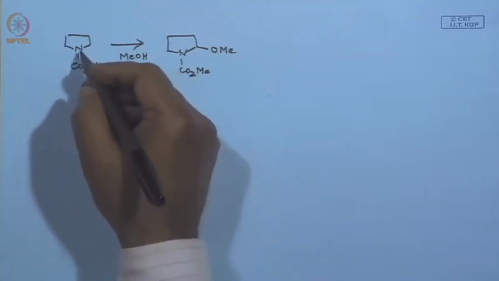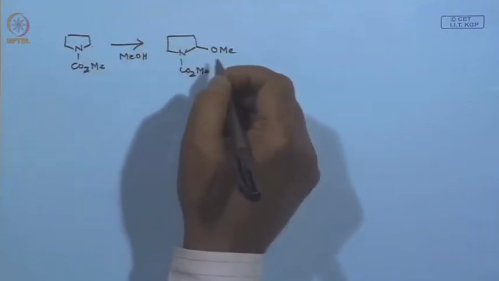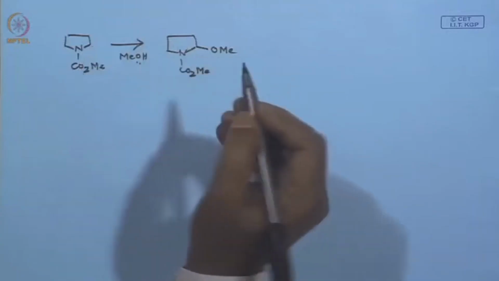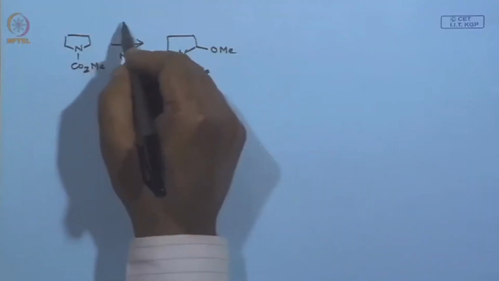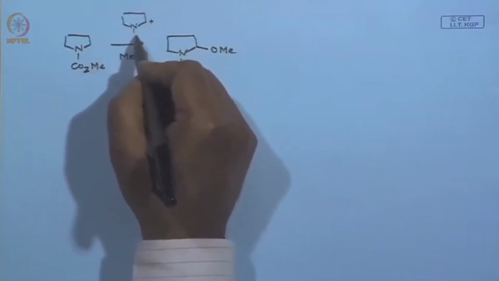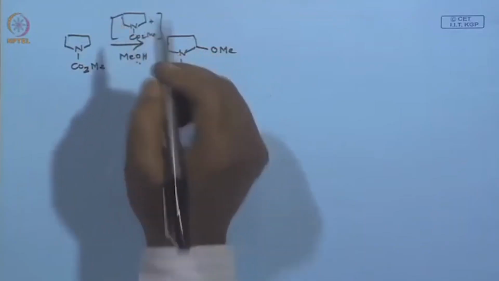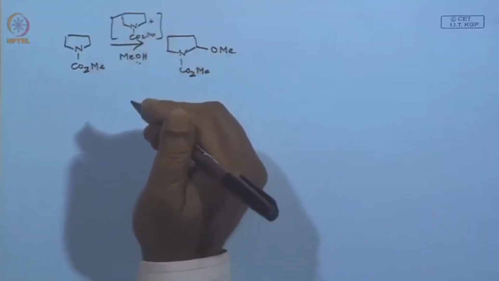This is very easy. That means the alpha position can be substituted by methoxy, again due to the lone pair effect. The lone pair of nitrogen can stabilize the corresponding carbocation, and oxygen has a lone pair. So, what do you expect? There must be some sort of a carbocation here. That means hydrogen should be removed from there, and how do you do it?